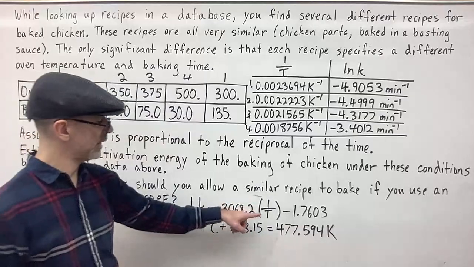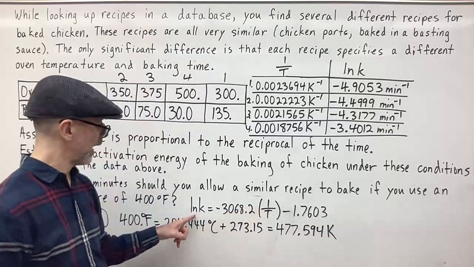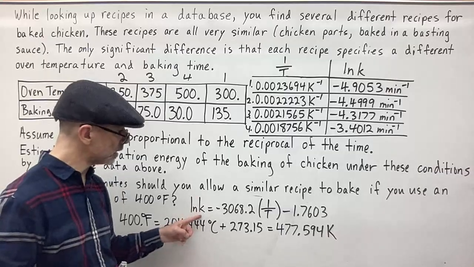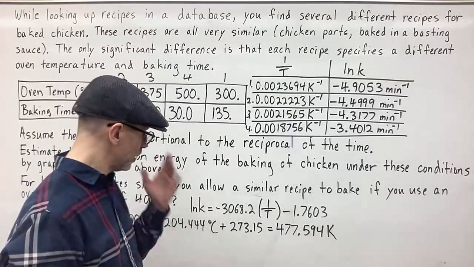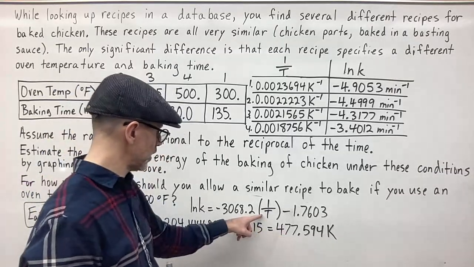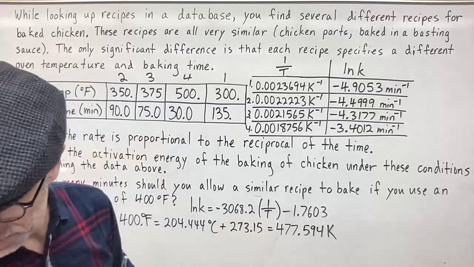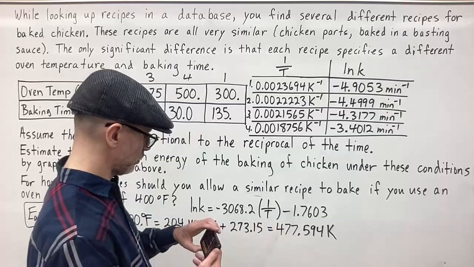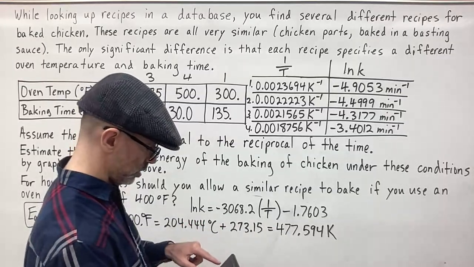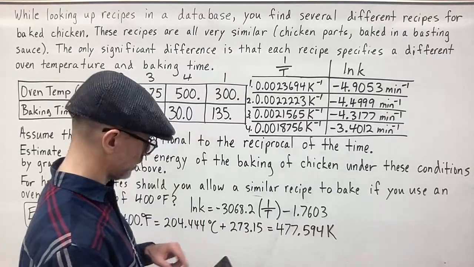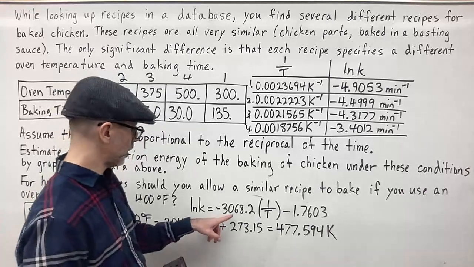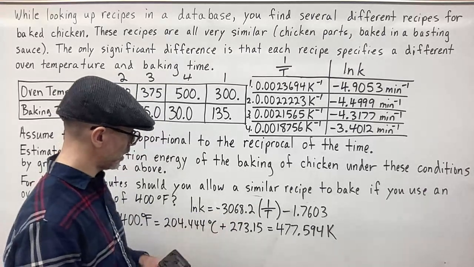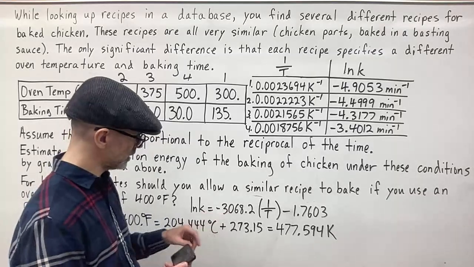I can plug that into this equation, and it's going to give me the natural log of the rate constant. So let's go ahead and do that. I'm going to plug this into here. I'm going to take the reciprocal of this temperature, and now I'm going to multiply that by negative 3068.2.